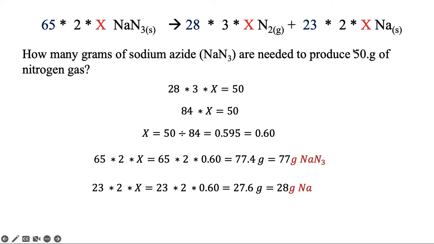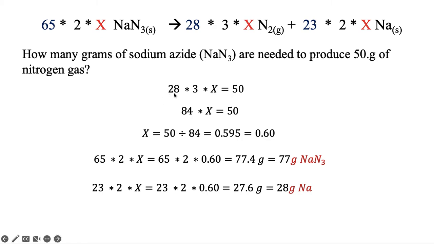Once you are done with that, you figure out which amount you are actually given in the problem and of what compound. In this problem, I'm given 50 grams of nitrogen gas. So I go up here to the nitrogen, look at this product, and set it equal to the amount I'm given in the problem. So I have 28 times 3 times X, and I set that equal to the amount of grams of nitrogen that I'm given, so it's equal to 50.